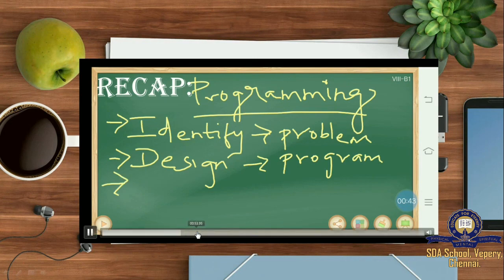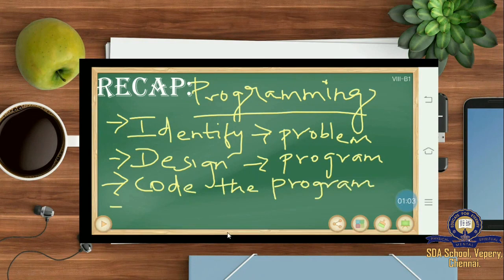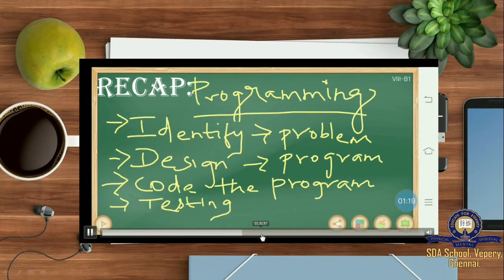Third one, code the program. Fourth one, guess what it is? Testing the program. Last one, debugging the program. Compile it and see whether there is an error. If there is no error, you can execute it.